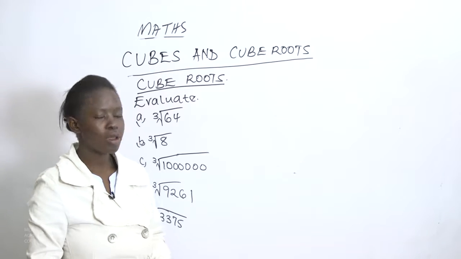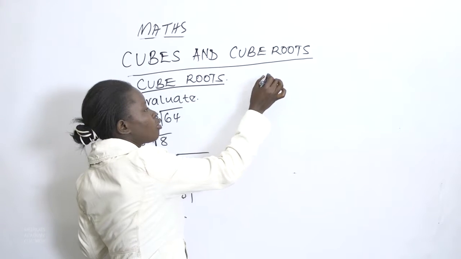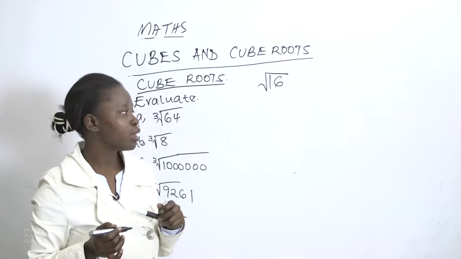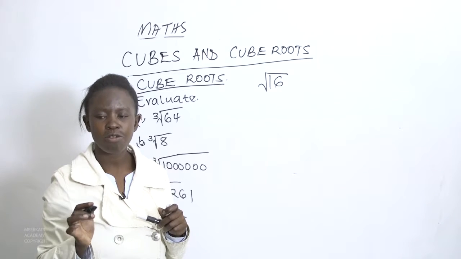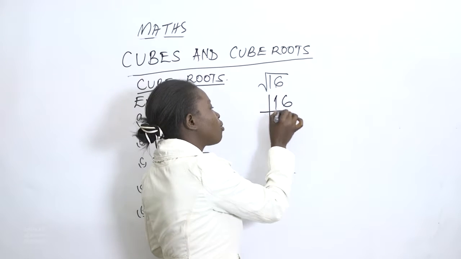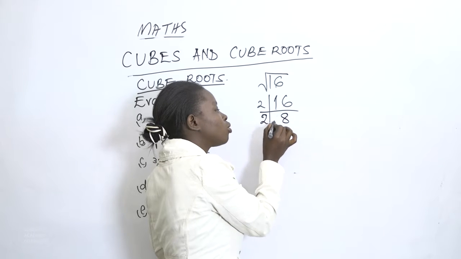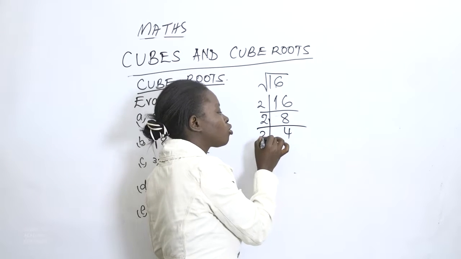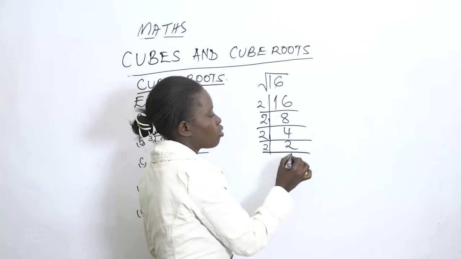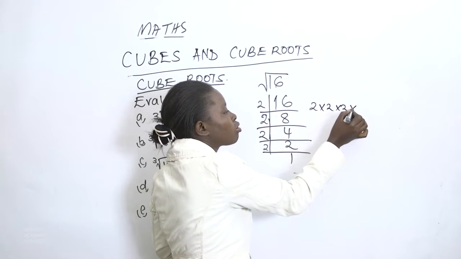When we were getting square roots of numbers, for instance, if I'm asked to get the square root of 16, we said to look for the prime factors of 16, starting all the way from 2. So we had 2 into 16, 8; 2 into 8, 4; 2 into 4, 2; 2 into 2, we have 1. The prime factors of 16 are 2 times 2 times 2 times 2.